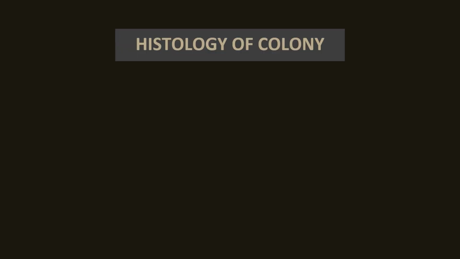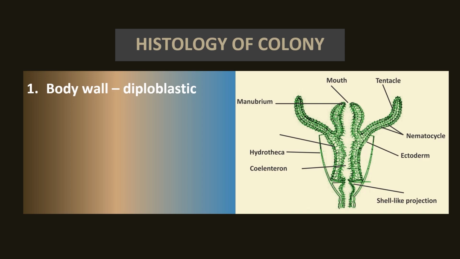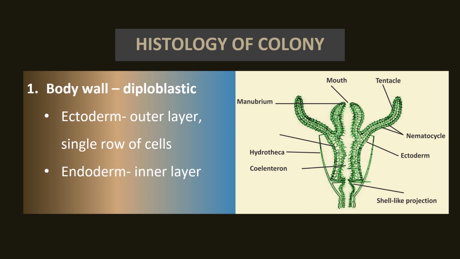Histology of colony Obelia. Body wall is diploblastic. It consists of two layers of cells, ectoderm and endoderm. Ectoderm is the outer layer which has a single row of cells. Endoderm is the inner layer. The ectoderm and endoderm are connected by mesoglea.